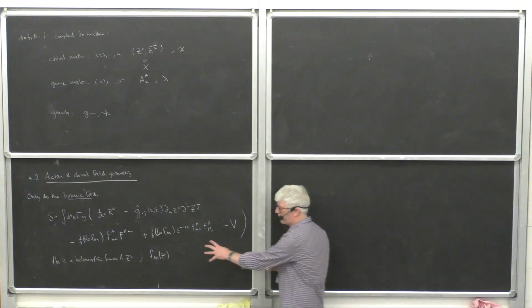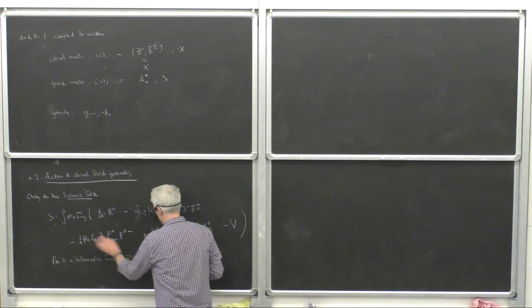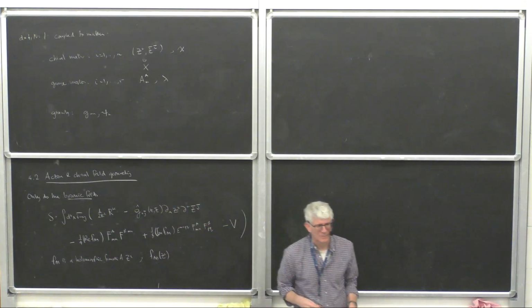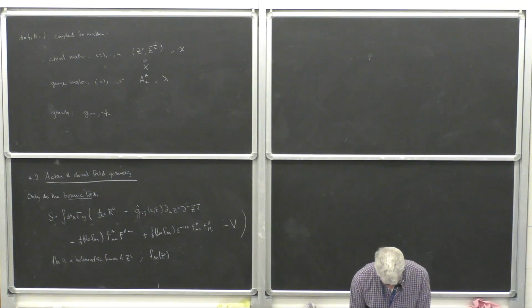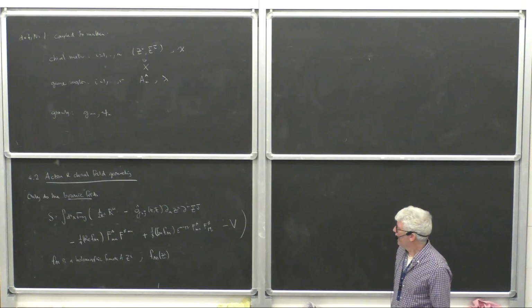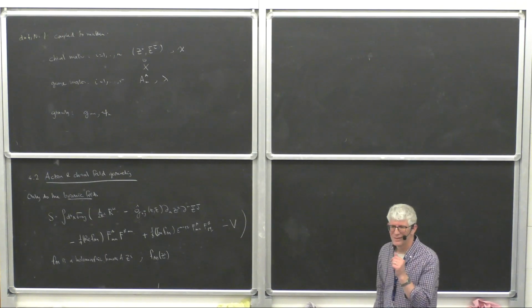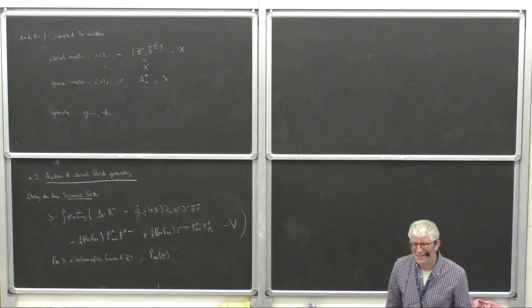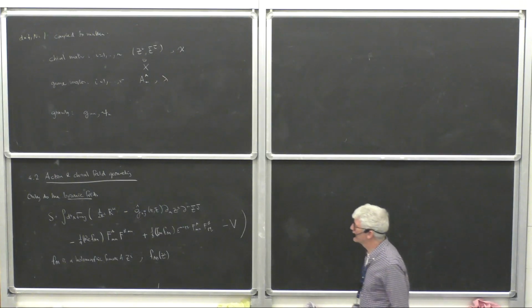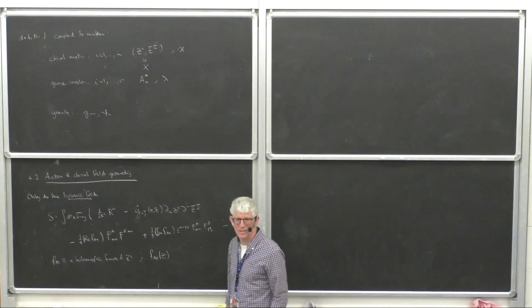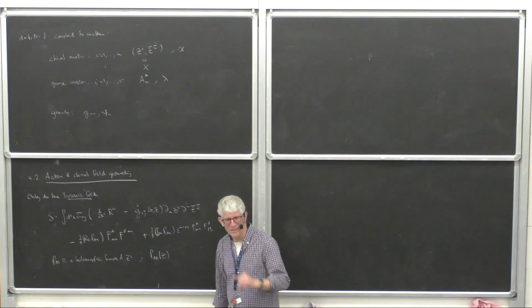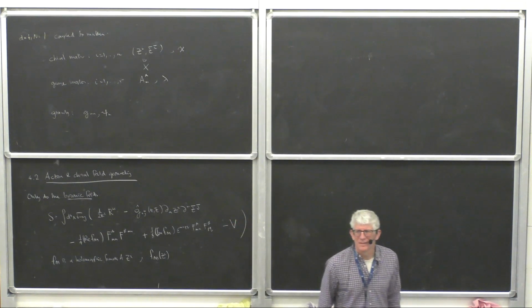And since it's complex, I can take its real part and stick it here, and its imaginary part and stick it here. The z's are all complex things because they're chiral multiplets, and they have a complex scalar. Any other questions?